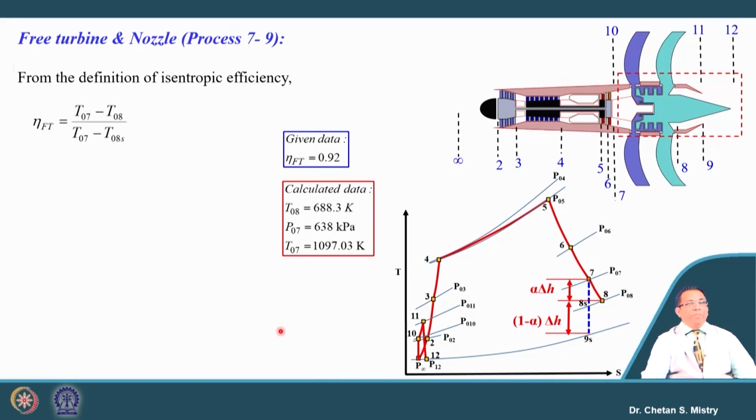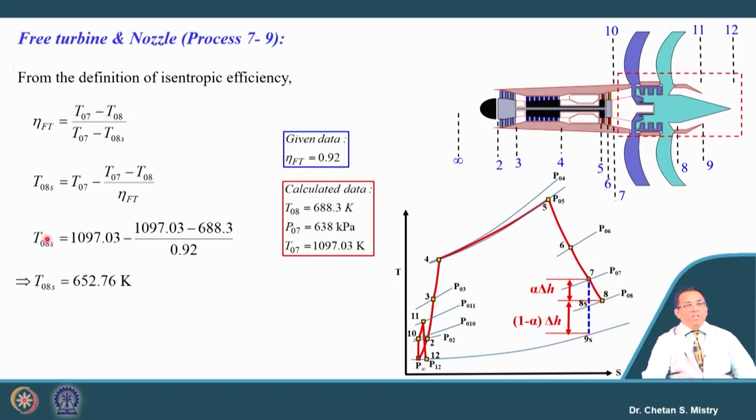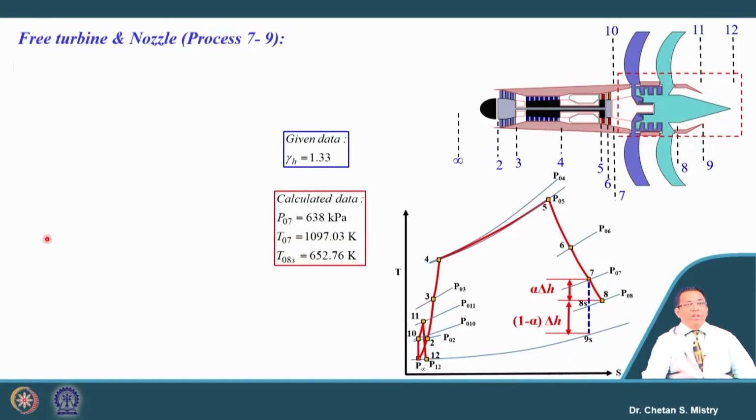For this free turbine, based on our isentropic correlation, we can calculate the isentropic temperature T08s. This T08s is coming as 652.76 Kelvin. There is a reason for this calculation, because we want the outlet pressure. That outlet pressure can be correlated through the isentropic correlation.